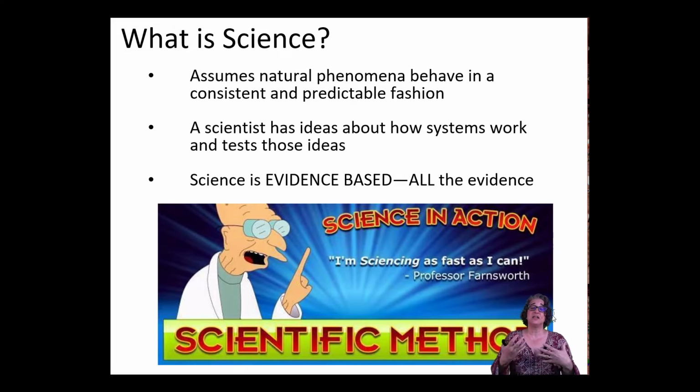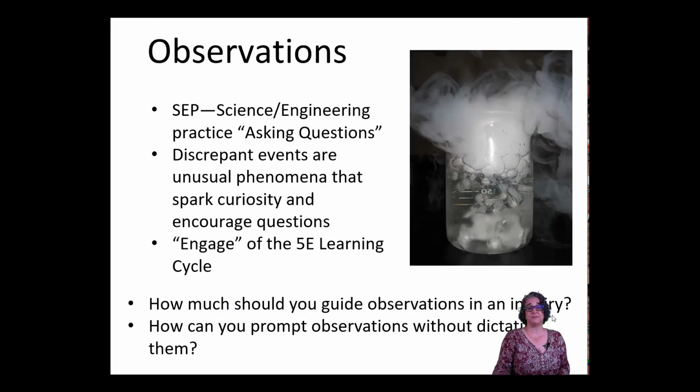It just means that it's always based on all of the evidence we currently have. So at any given moment, the science that we do explains everything based on our current understanding. So the current science is always the very best explanations that we have of the world around us.